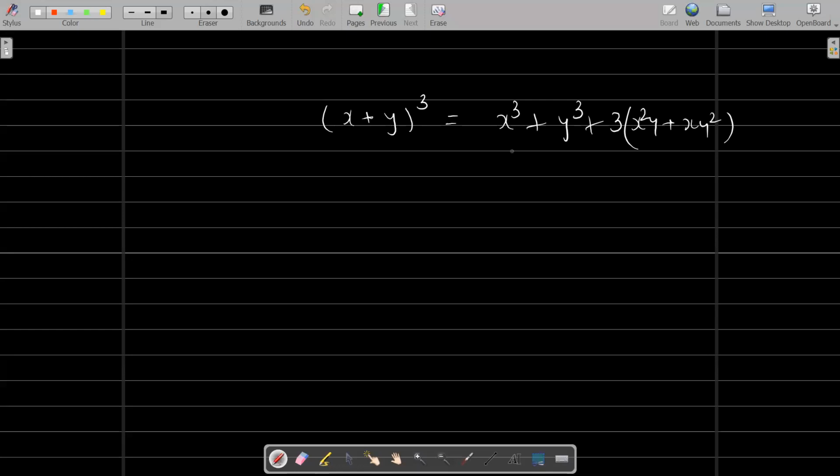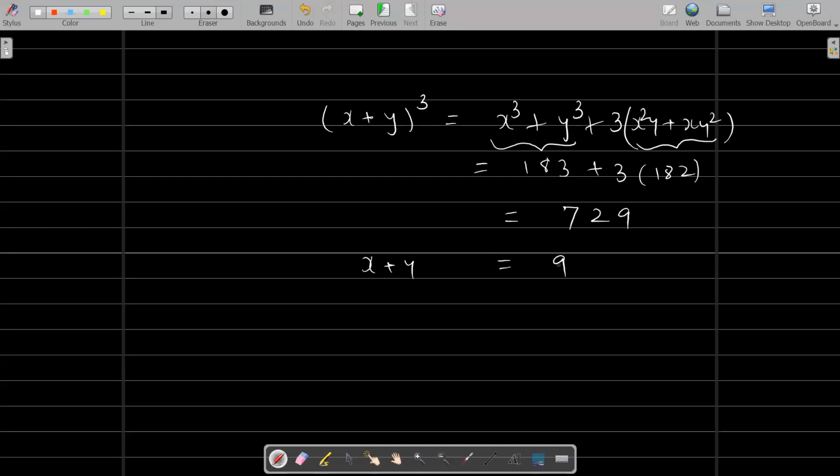And we are given x cube plus y cube, so that is 183. This part is 183 plus 3 times this part, which is 182. Can you simplify? 183 plus 546, so 729. Yeah, 729. x plus y equals 9.